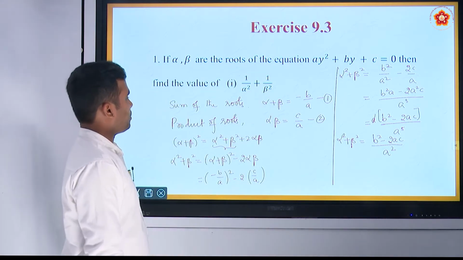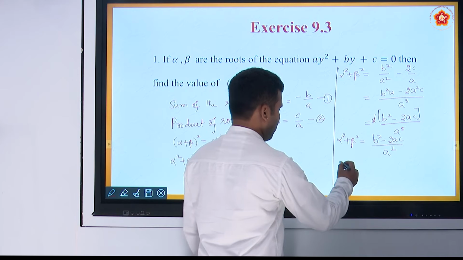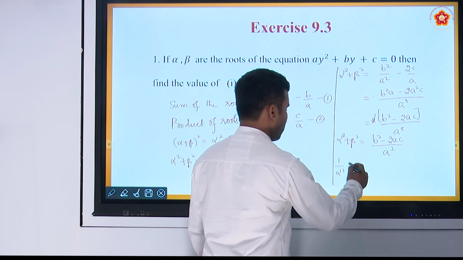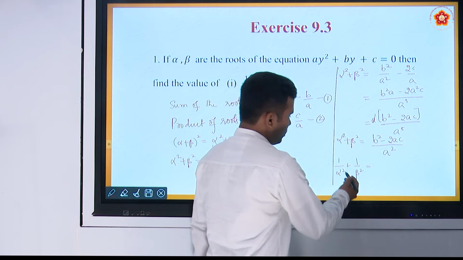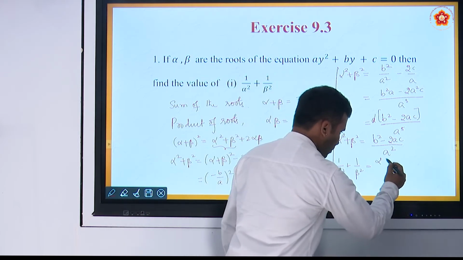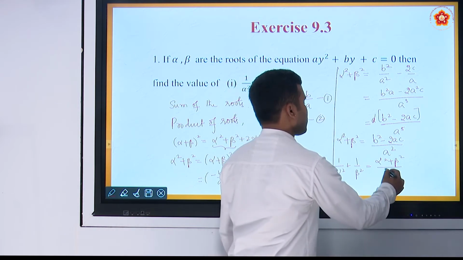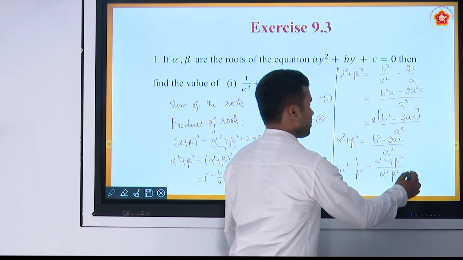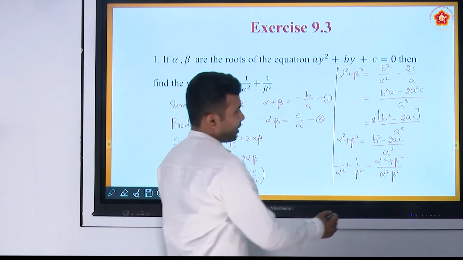So with continuation of this, I have to take 1 by alpha square plus 1 by beta square, which is equal to, I can write 1 by alpha square plus 1 by beta square as alpha square plus beta square divided by alpha square into beta square. So you can continue this.